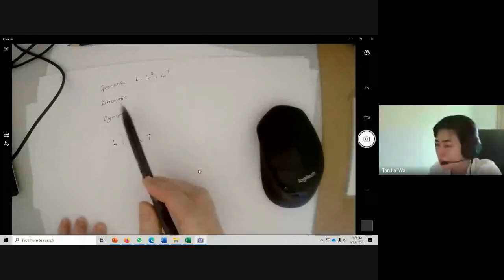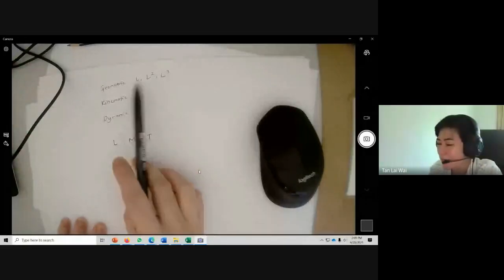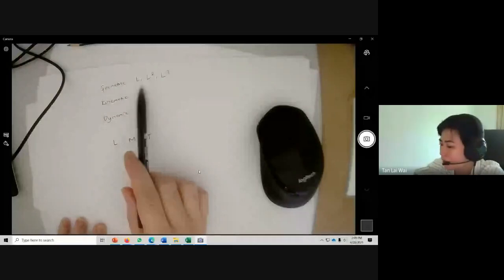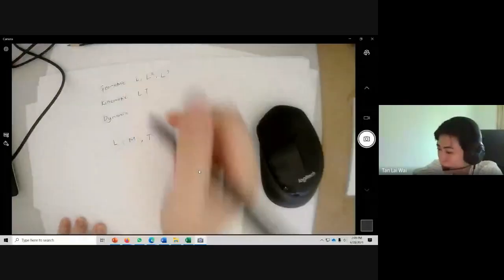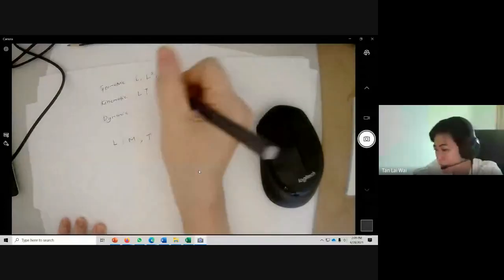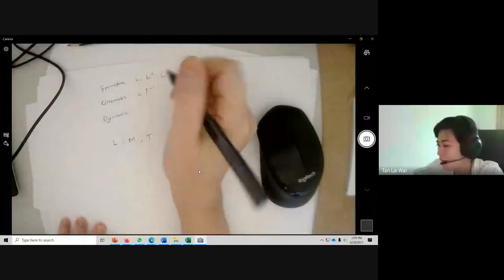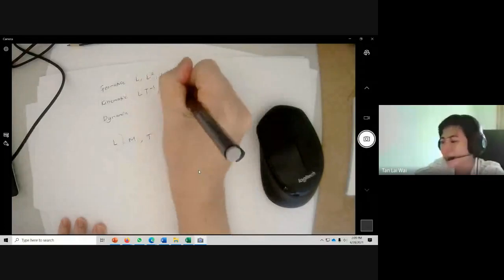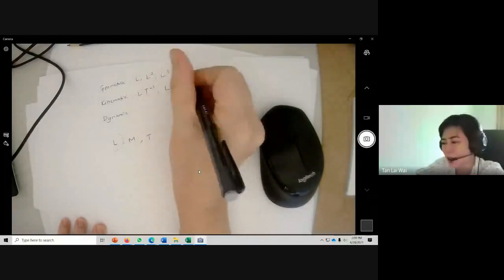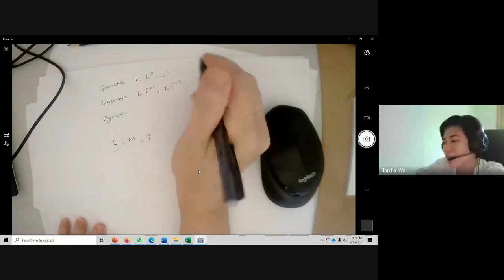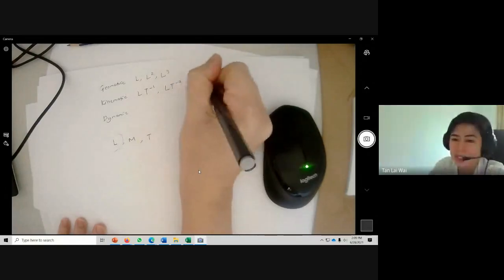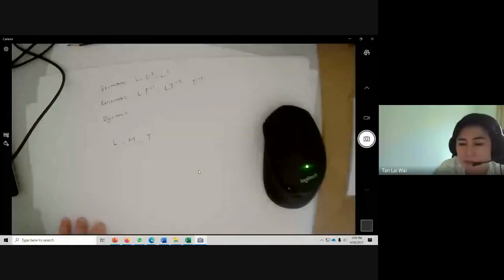So these are geometric quantities. And then kinematic deals with L and T. It could be velocity, it could be acceleration, anything where you have L and T terms, or it could be just the T term. This is the frequency, basically.